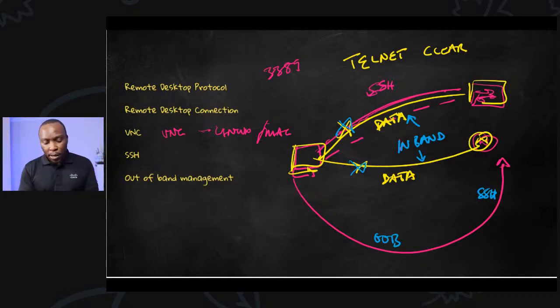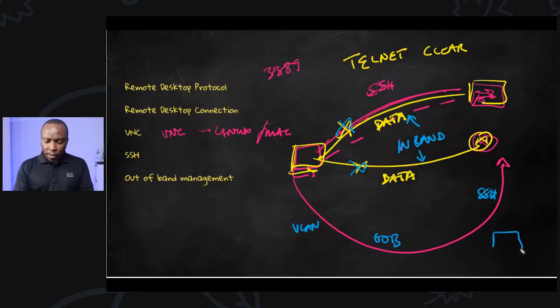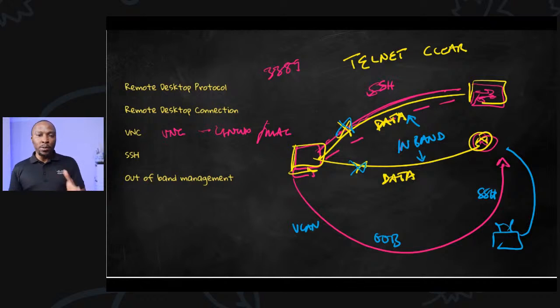So it could be a separate VLAN. And in some instances, depending on the size of the organization, you can actually have a full solution that is an out of band solution where you got modems that you can connect to over the internet, and then those modems then connect straight into your network equipment.